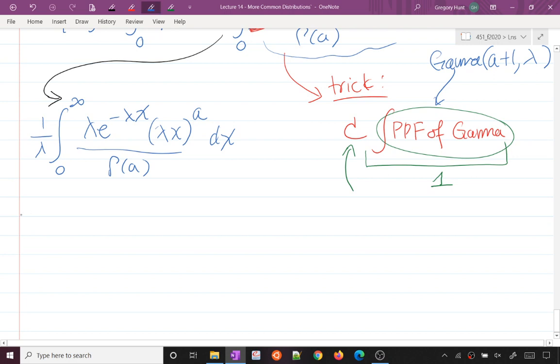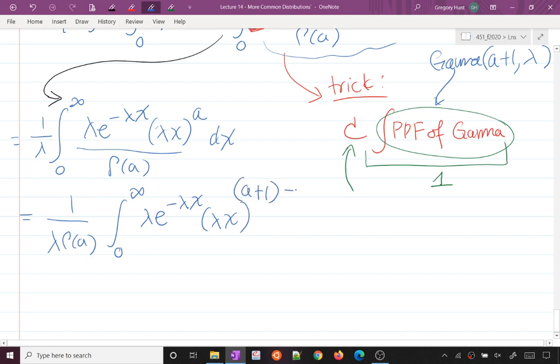My next trick is I'm going to pull out that gamma of a. So let's say 1 over lambda gamma of a, times lambda e to the negative lambda x, and I'm going to say it's lambda x to the a plus 1 minus 1. All right, that's allowable. Ultimately, what I want is the PDF of a gamma a plus 1 lambda.